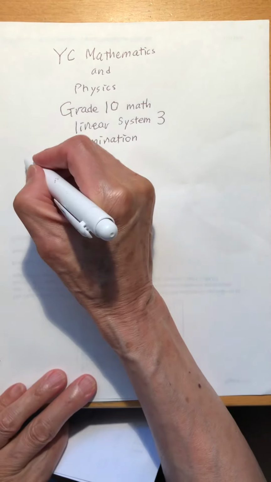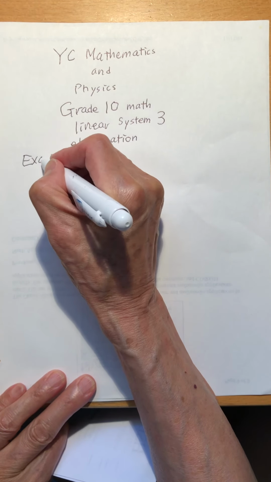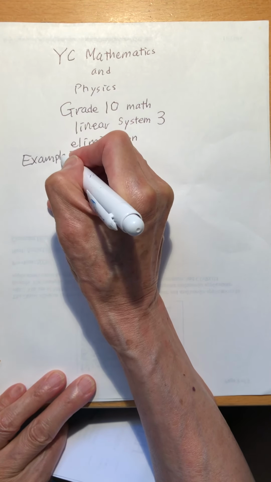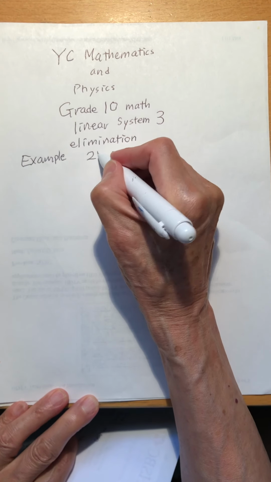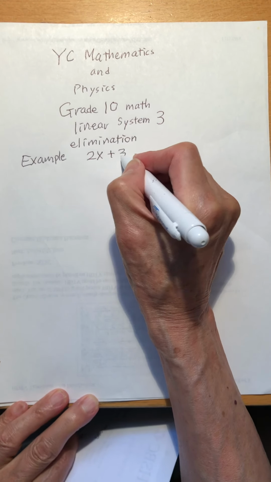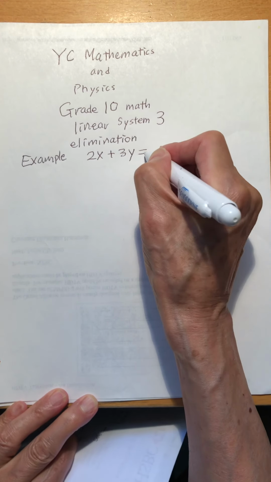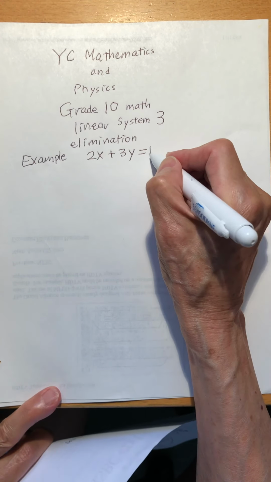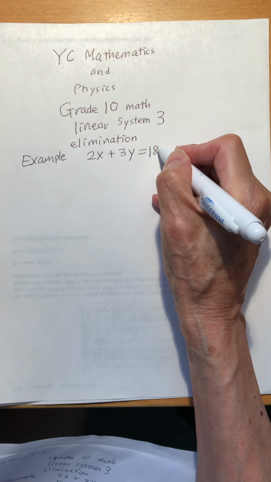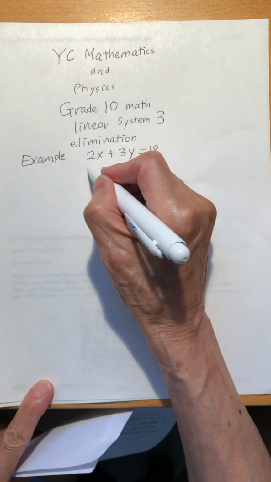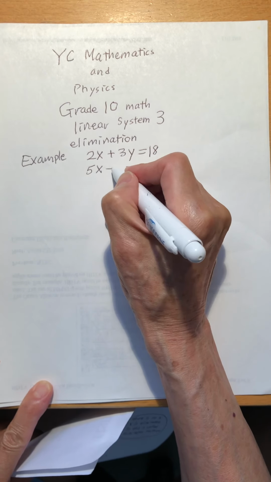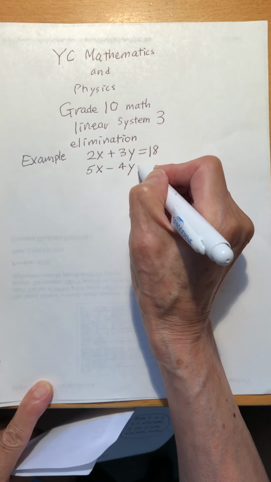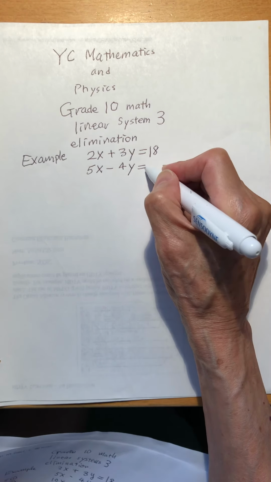Let's have an example. 2x plus 3y equals 18. 5x minus 4y equals negative 1.